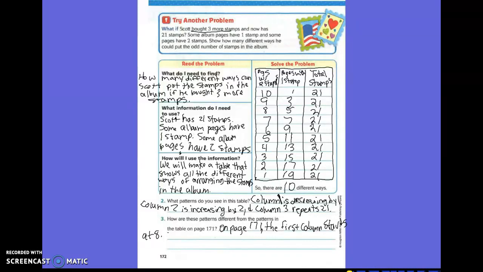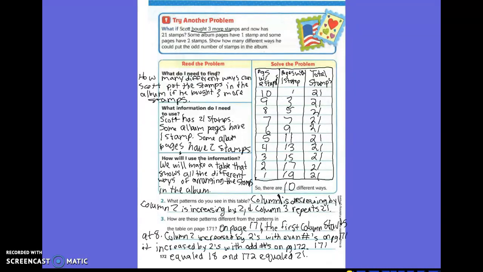On 171, what did it do? Okay, then we said column 2 increased by 2s with even numbers on page 171, and it increased by 2s with odd numbers on page 172. And then the last difference is we said on 171, it equals 18 on the third column, and 172 equals 21 on the third column. You guys can write that in.